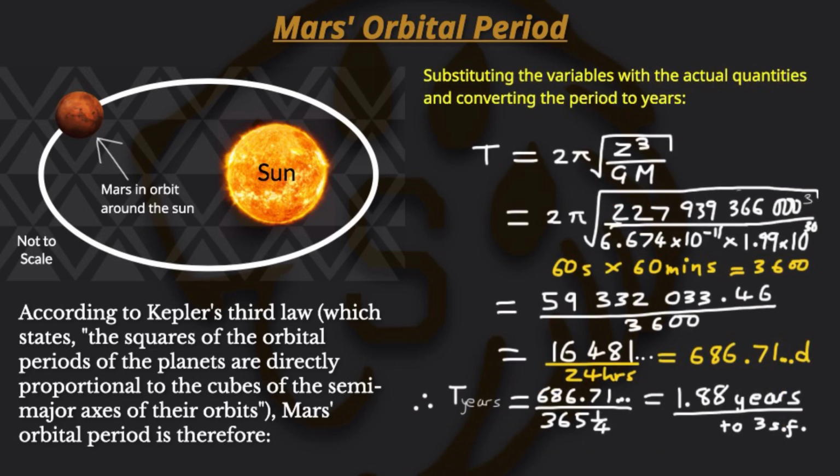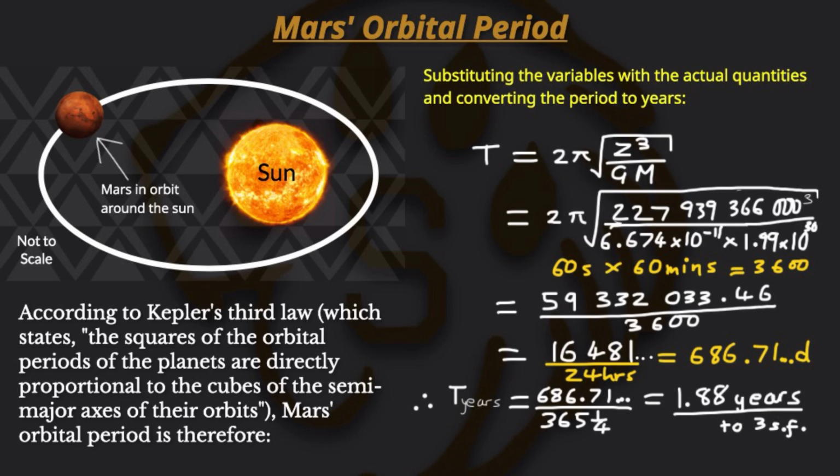So by substituting the variables with actual quantities and converting the period to years, the Earth years, T will be equal to 2 pi multiplied by the square root of Z cubed. Our Z is the semi-major axis, which is 227 million kilometers, as you can see with the number there, but it should be cubed, so that's why we have that 3 at the top.